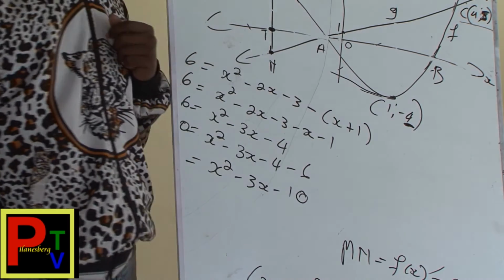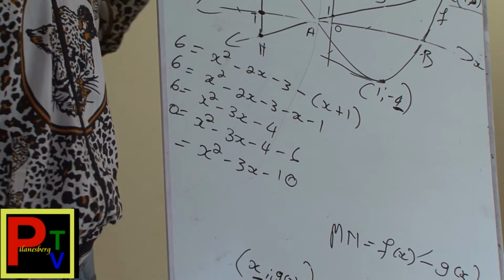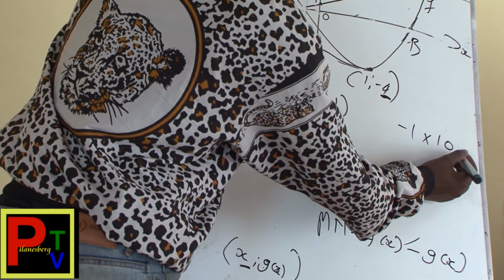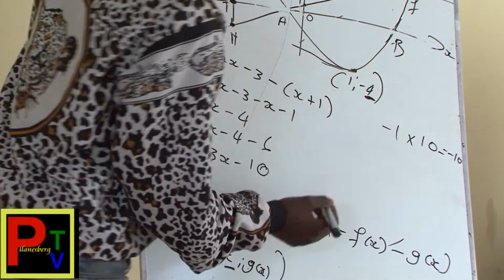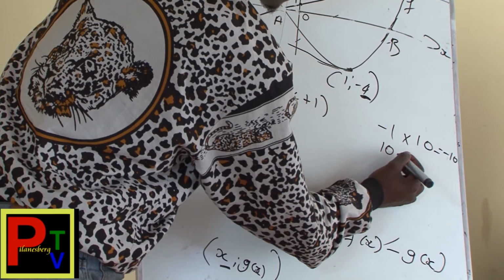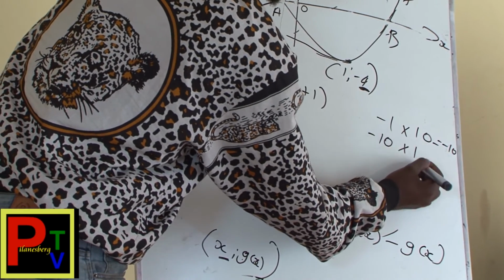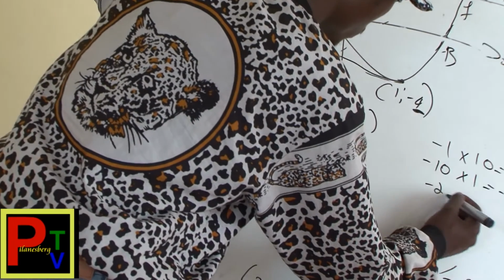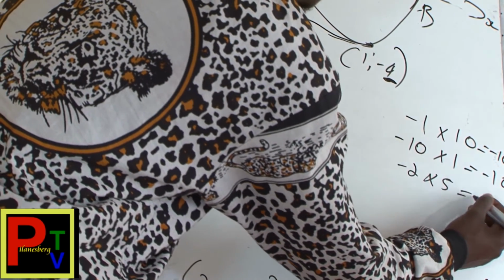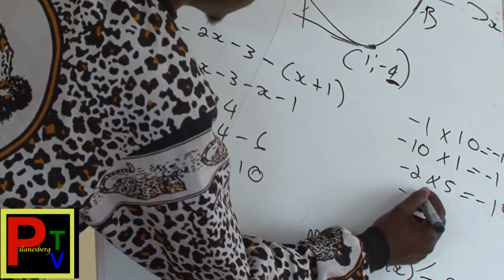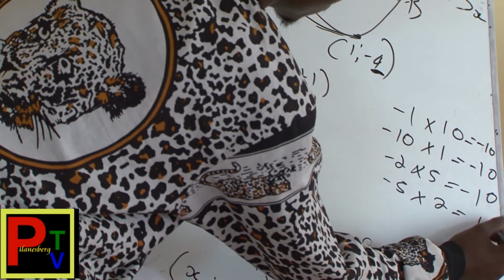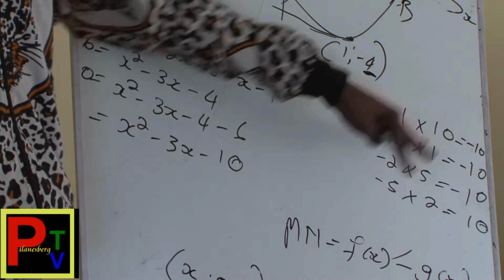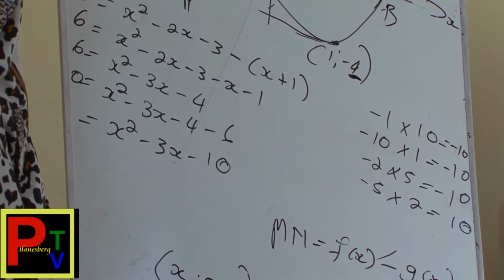Therefore, we are going to look for the factors of negative 10. Negative 1 multiplied by 10 is negative 10, and negative 10 multiplied by positive 1 is negative 10. Then negative 2 multiplied by positive 5 is negative 10, and negative 5 multiplied by 2 is negative 10. These are the factors of negative 10.